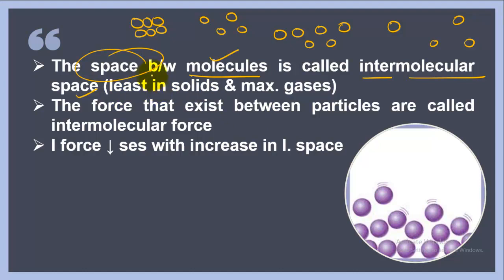So there are spaces that exist between molecules, and they are called intermolecular spaces. These spaces are very small in solids, but in gases they are on a higher side. So we can say that intermolecular spaces are maximum in gases and least in solids.